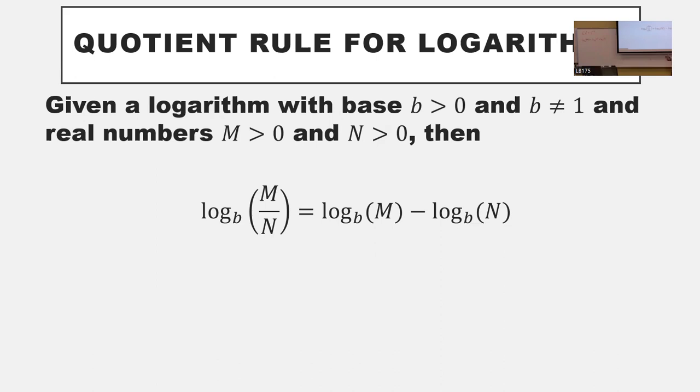Well, that's the same thing here. Multiplication changes to division. We do m divided by n inside the argument of log base b, and on the right-hand side it'll be log base b of m minus log base b of n. That's the quotient rule for logarithms. Again, this is always assuming we have nice values for our b, our m, and our n. As long as all those things are positive, we're good to go.